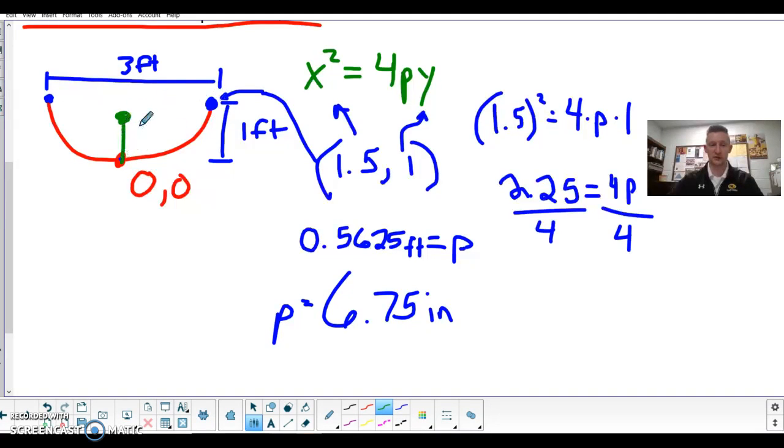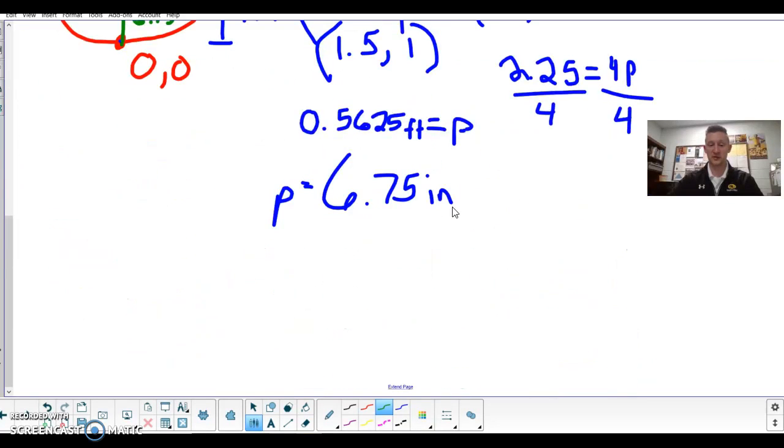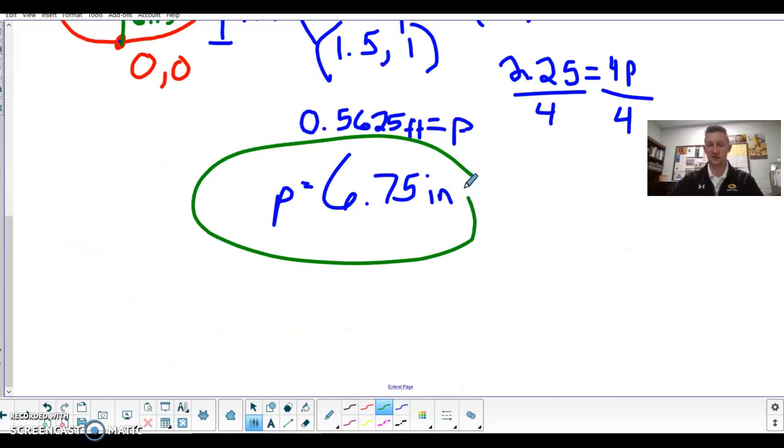So from here to here, I'm going to go 6 3/4 inches. When it asks where the microphone should be placed, it should be placed 6.75 inches above the vertex. So that's another example of working with parabolas, standard form equations, and focal lengths.